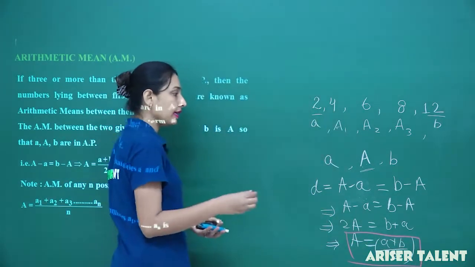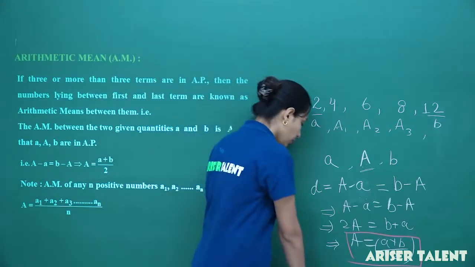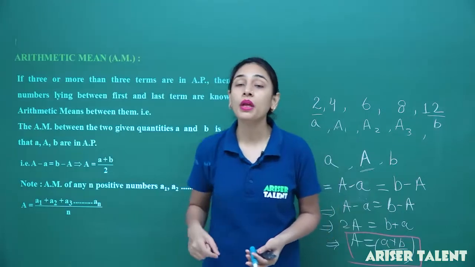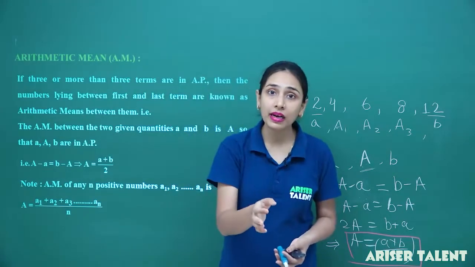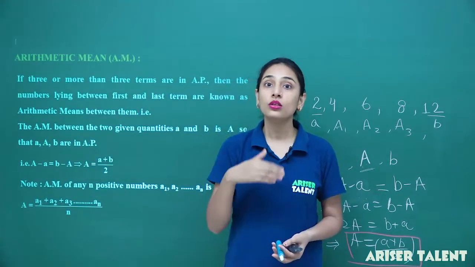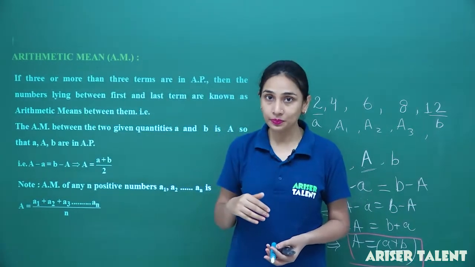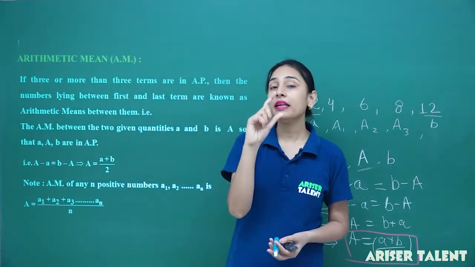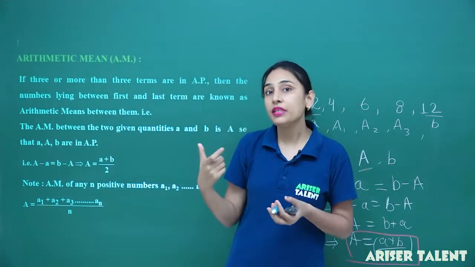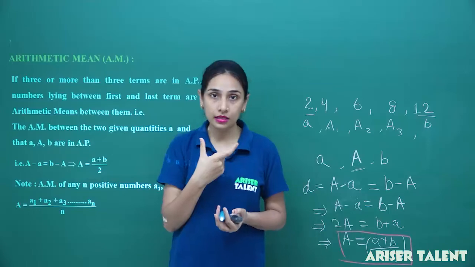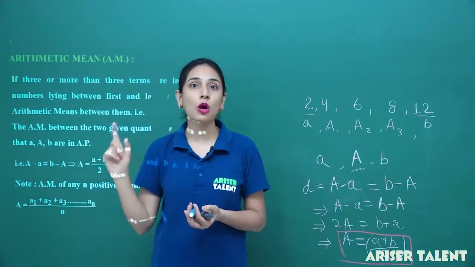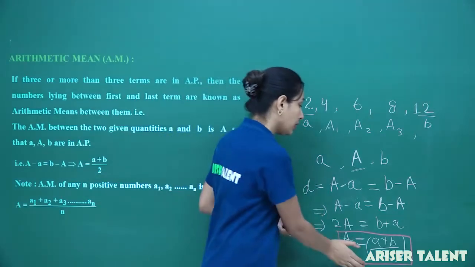So now you can say that if you have two numbers a and b, small a and small b, and you have inserted an arithmetic mean capital A between them, then this arithmetic mean A will be equal to the summation of these two numbers divided by 2, that is small a plus small b divided by 2.